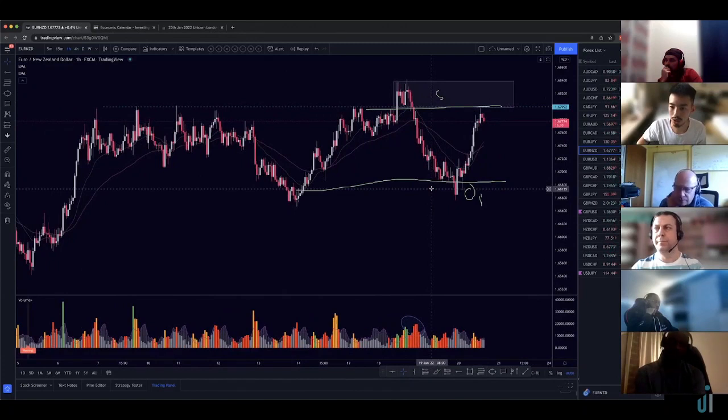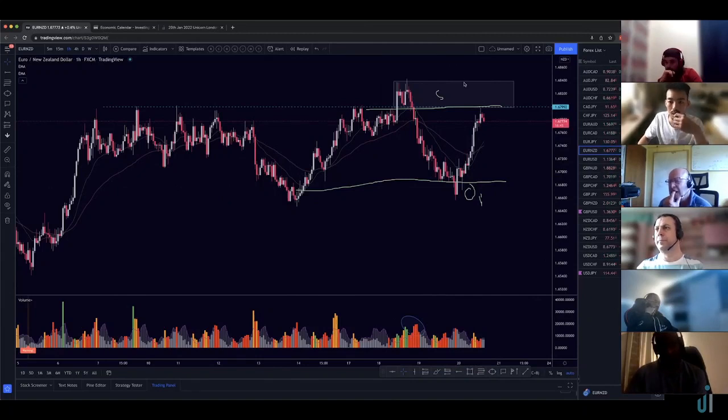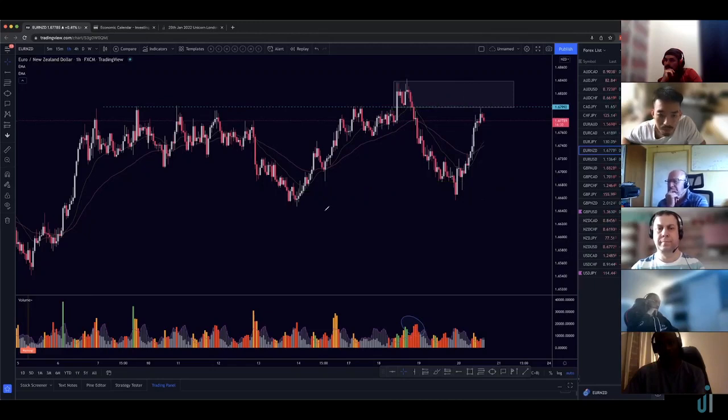Do you have any concerns about this pair, this setup? Major concern is the overall uptrend. I'm not sure if these guys are going to be around.